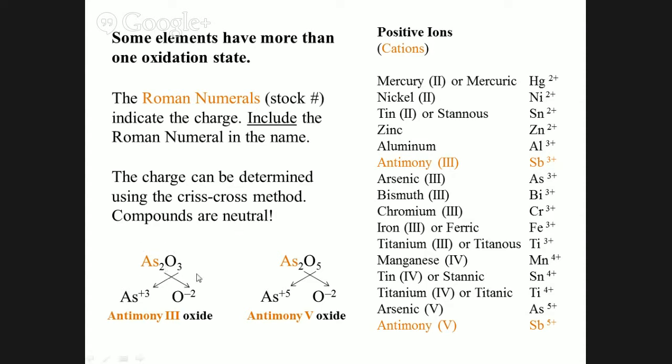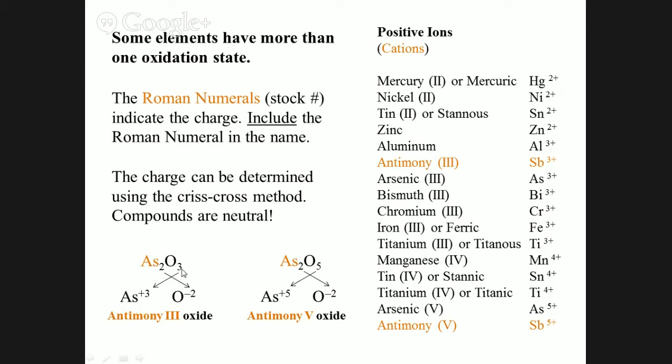So what if we started with a formula? Here is antimony 3 oxide. I kind of did the crisscross backwards. In other words, starting with the formula, the 3 went over to here, the 2 went over to there. Remember that as ions, I have positive and negative ions, but these are like exponents, they're up.